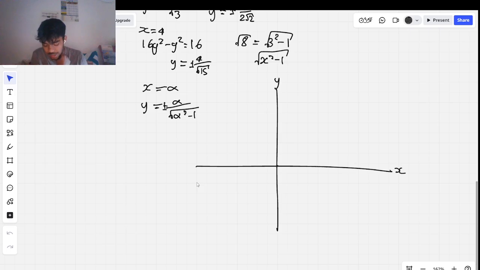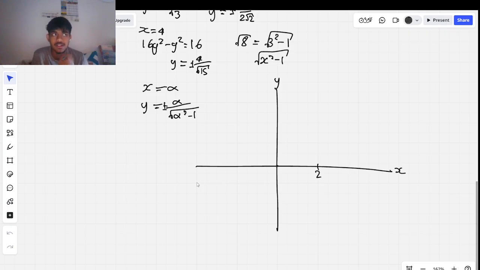So I know it goes to the integer. I know at 2 it is 2 over root 3, so it's roughly 4/3, is it 4/3?